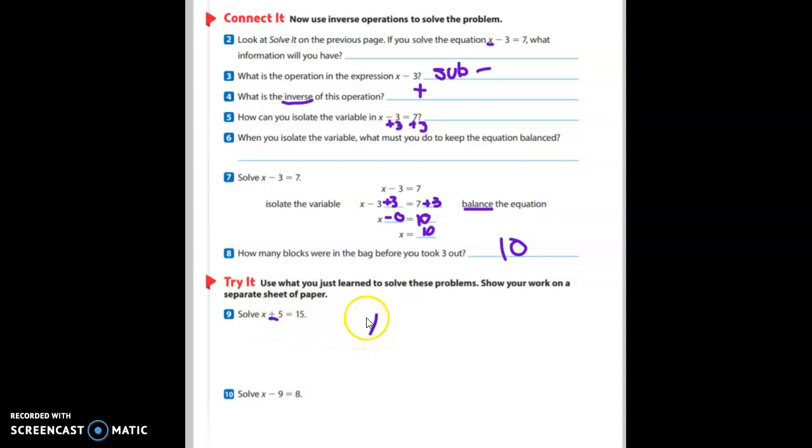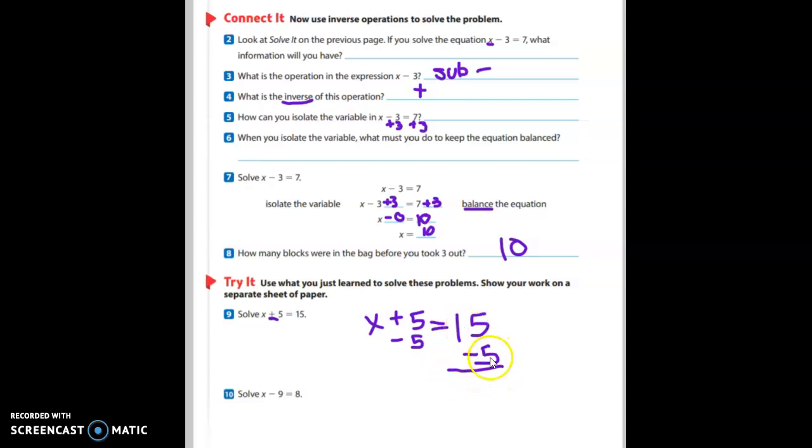So you're going to end up with x plus 5 minus 5. If I had $5 and I bought something for $5, I have $0 left. And whatever I do to one side, I have to do to the other.